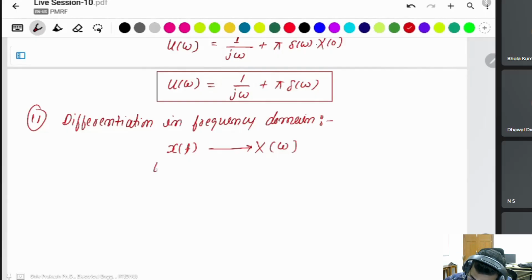If there is any multiplication by t in the time domain, that will be reflected as differentiation in the frequency domain. It will be j d by d omega of X(omega).